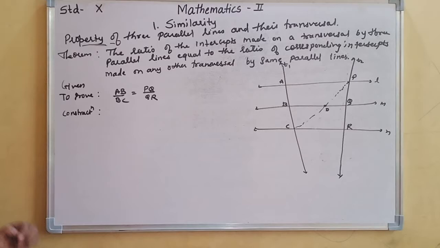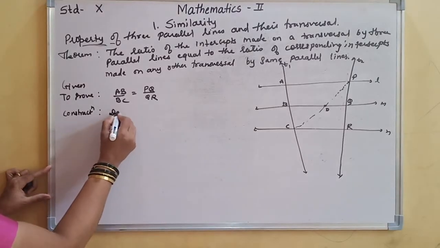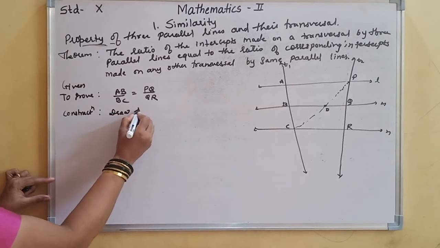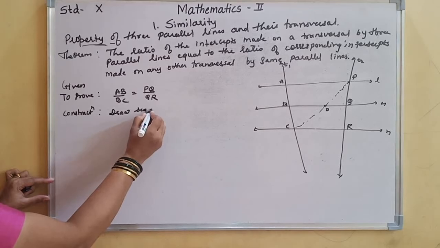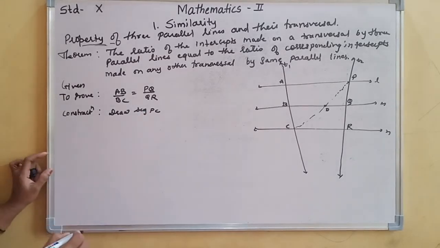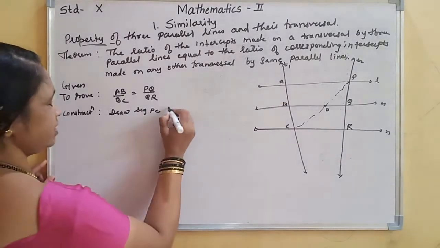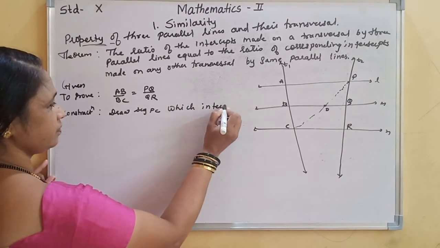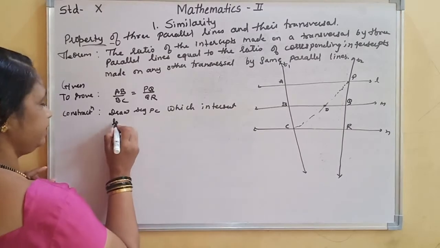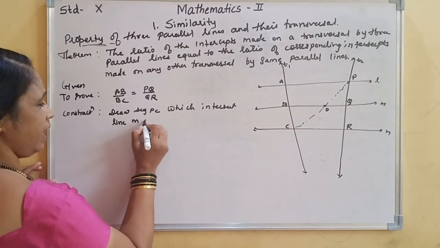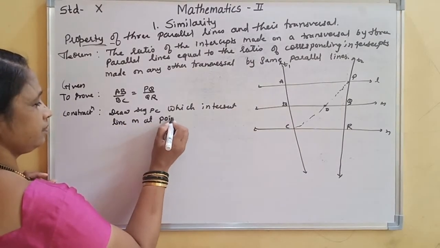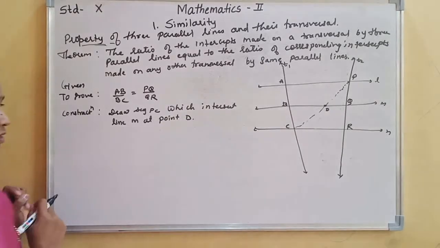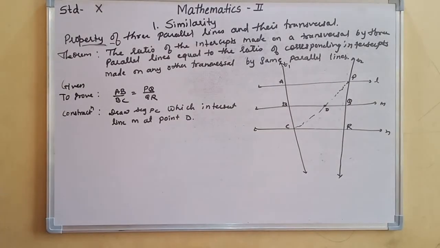Now see, construction is what? Draw segment PC which intersects line M at point D. Now we will consider the triangle ACP.